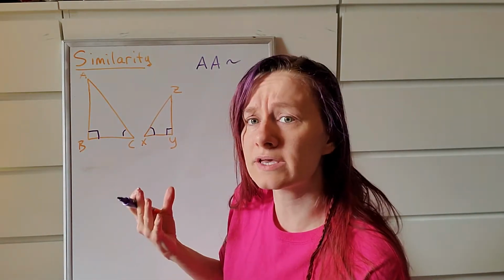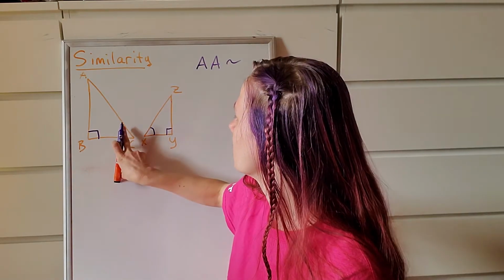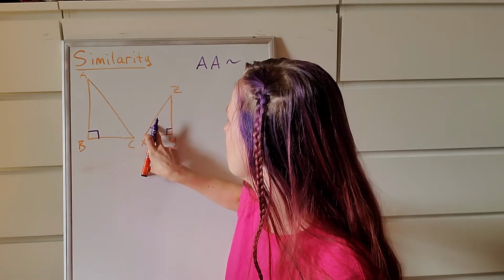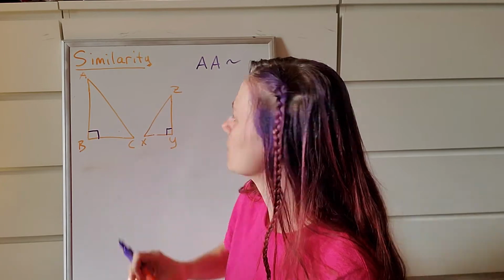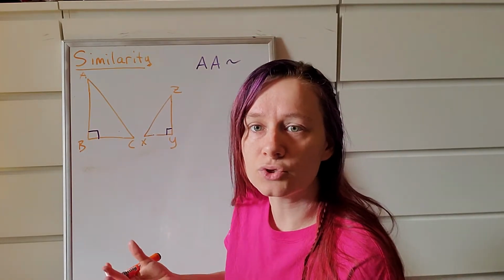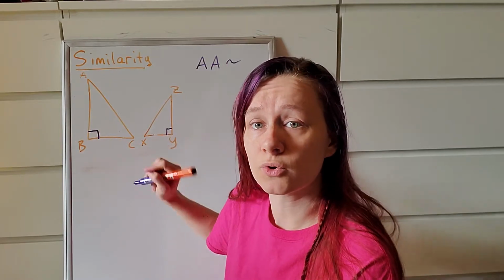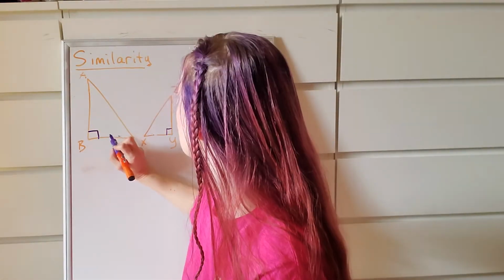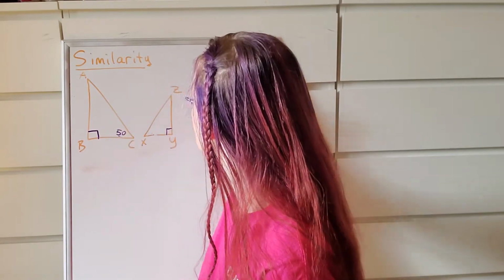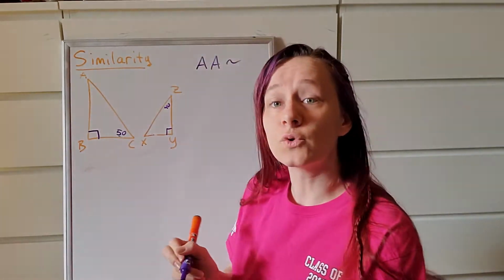Now, you're not always going to be given clean, easy angles like that. Usually you'll have to figure something out. So maybe I'll give you that these two are right angles. This one is, let's say, 50 degrees and this is 40 degrees.